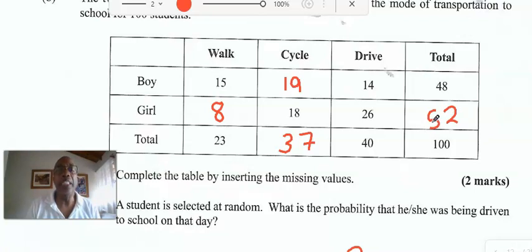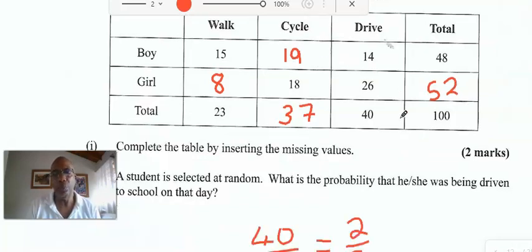The number who did not cycle will be those who drove and those who walked. That is 26 plus 8, and we're going to get 34. So therefore, the probability is 34 over the total number of girls, which is 52.